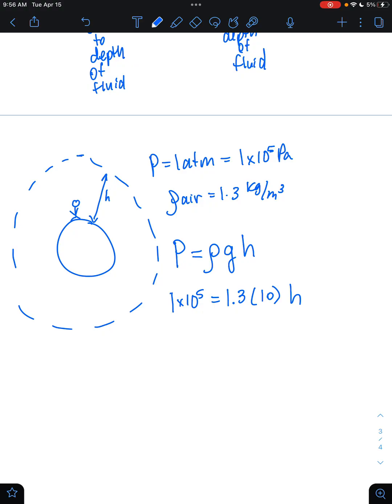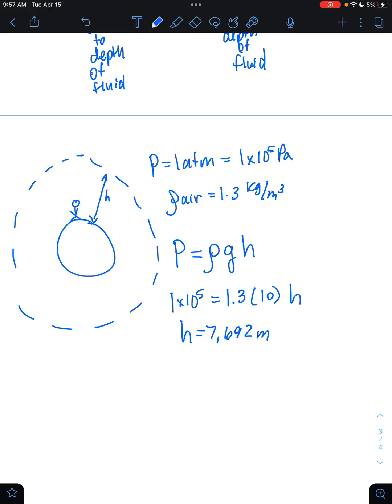So if we calculate that out, 1 times 10 to the 5th divided by 13 is a height of 7,692 meters below the surface of the air, causing that amount of air pressure to be pushing on us.